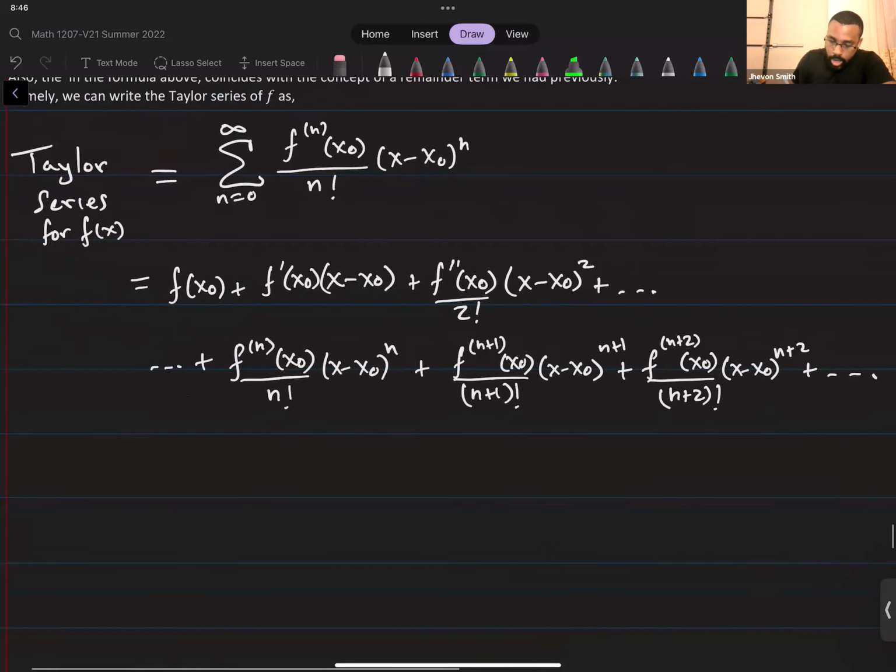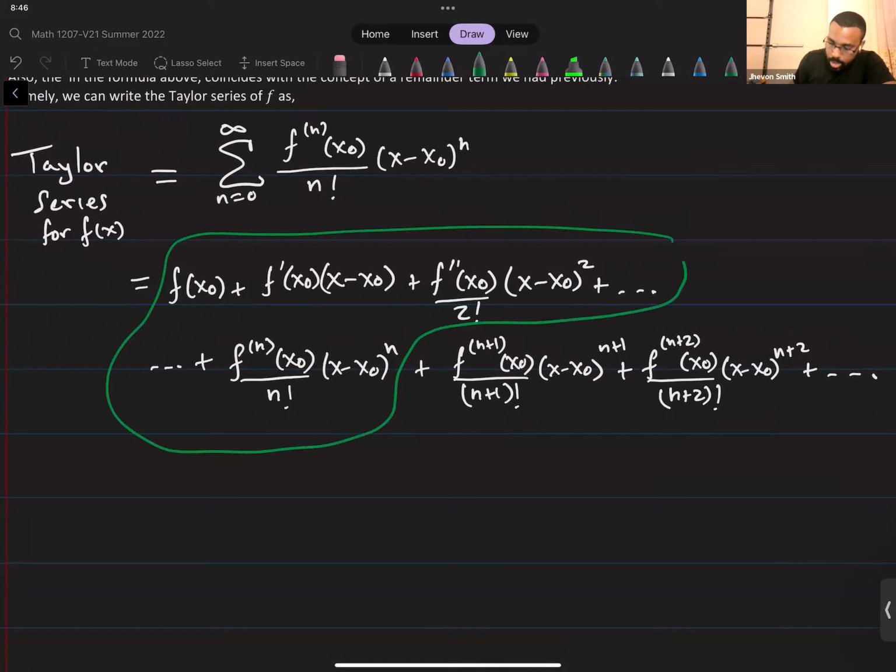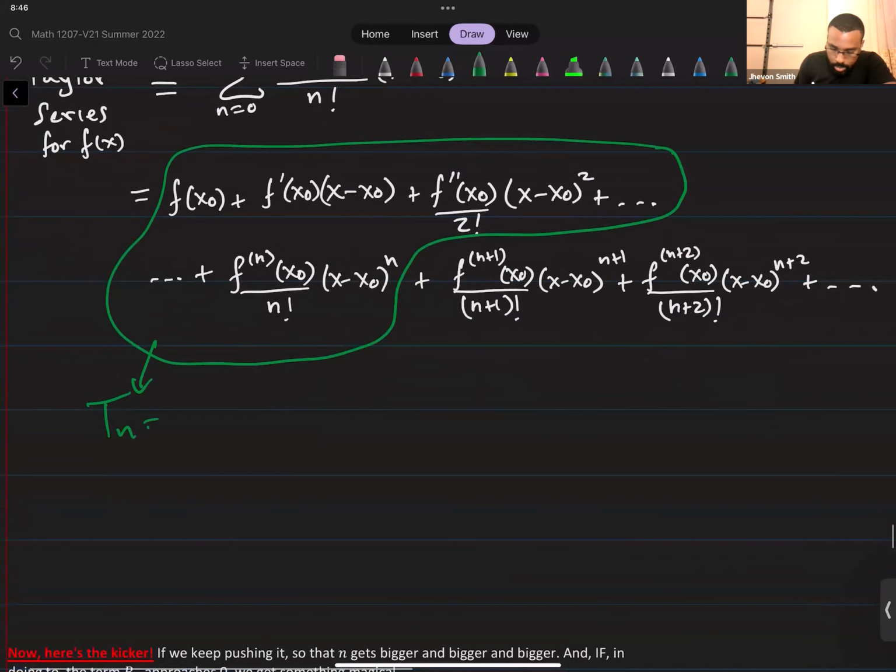Now this first part here is what I'm telling you about. It's the nth degree Taylor polynomial. This we would call T sub n, the nth degree Taylor polynomial. That's a phrase that you'll hear me say.